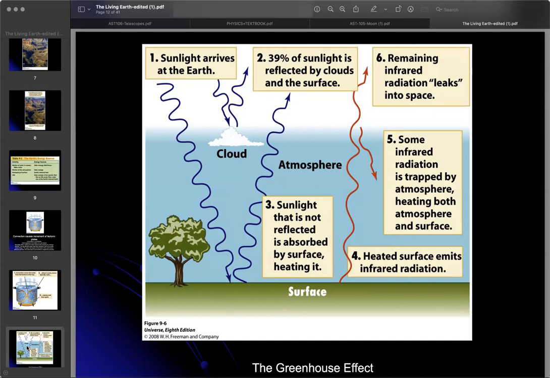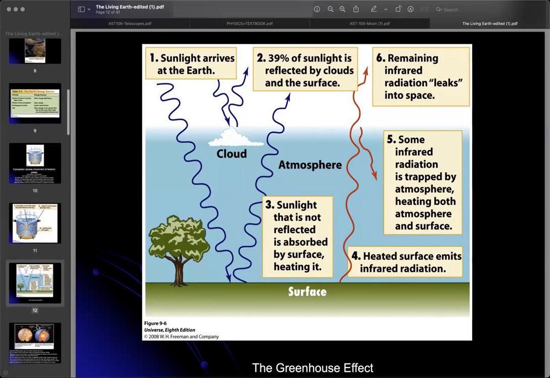And so it gets trapped, therefore trapping the heat. This is what causes the Earth to become warmer than it would have been if the atmosphere was not there.